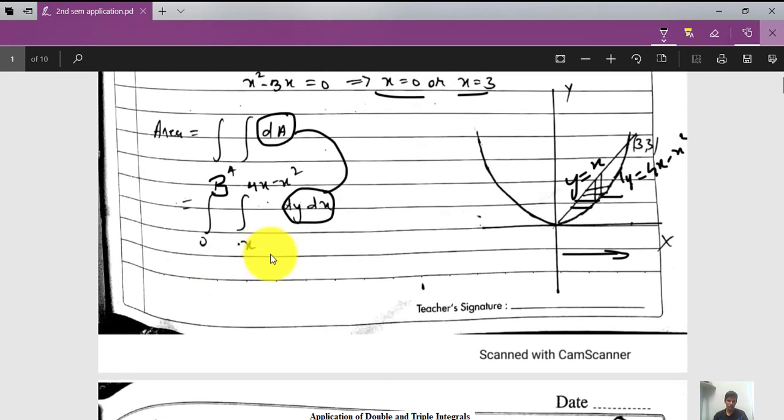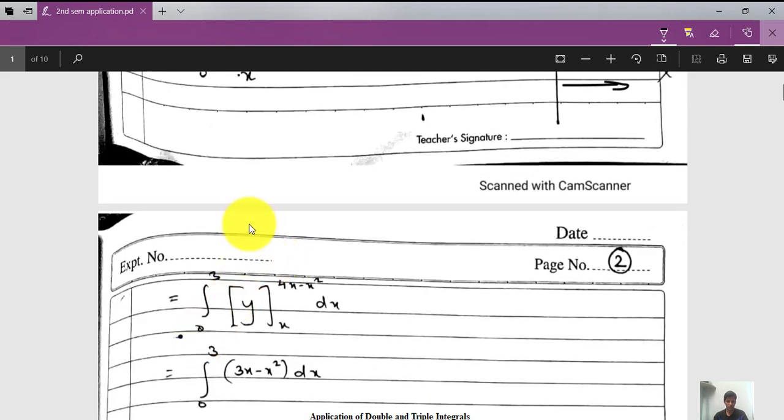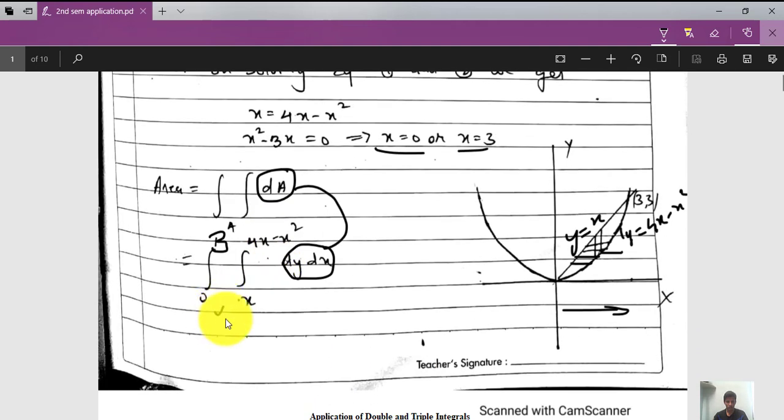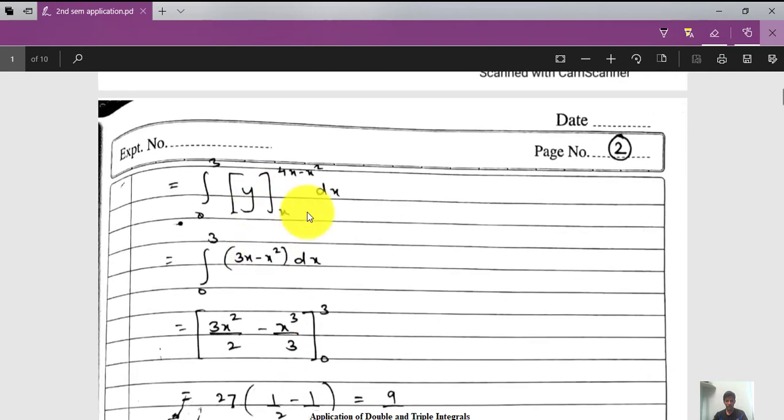Therefore as usual, I need to integrate this. So integrate from 0 to 3 the integral of 1 with respect to y first, so I am taking dy first. So integration of dy over the limit x to 4x minus x square, dx, then over the integral 0 to 3.